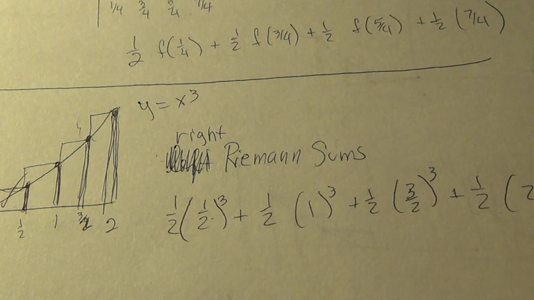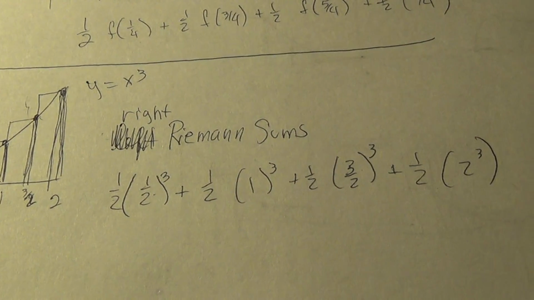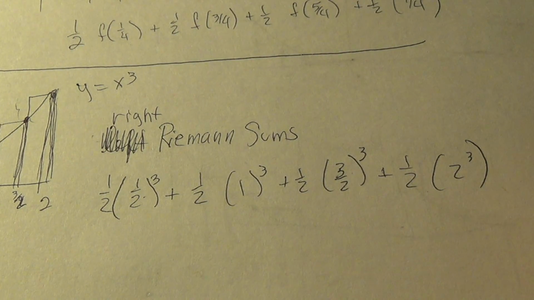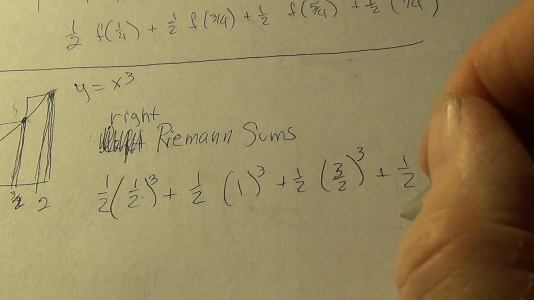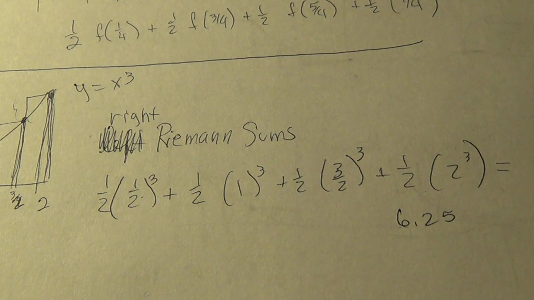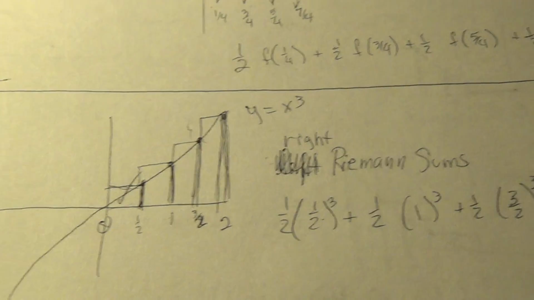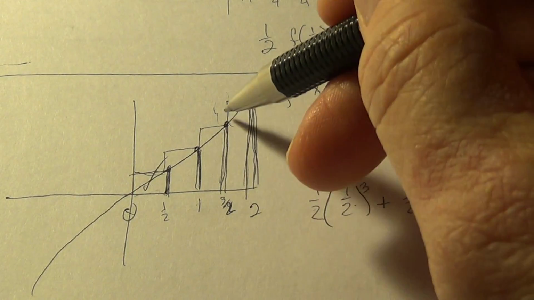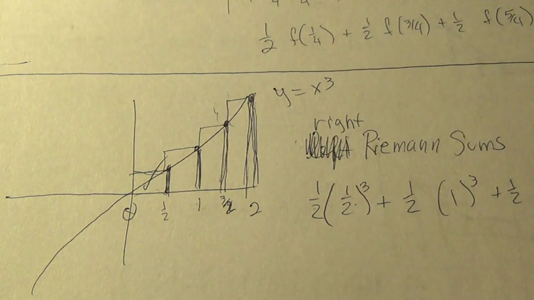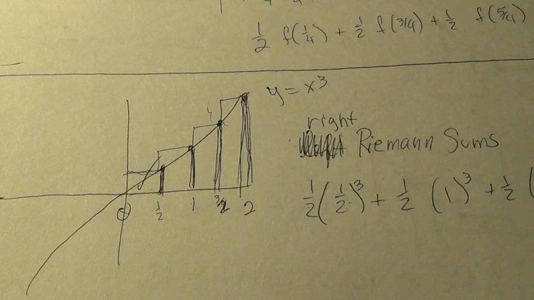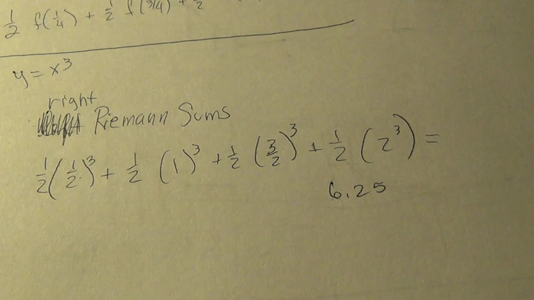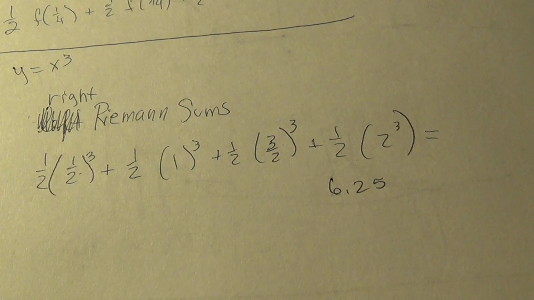I calculated all of that earlier, and that number is 6.25. This would also be the upper boxes for this kind of curve. So the upper boxes and the right sums are the same for this example, 6.25 square units.